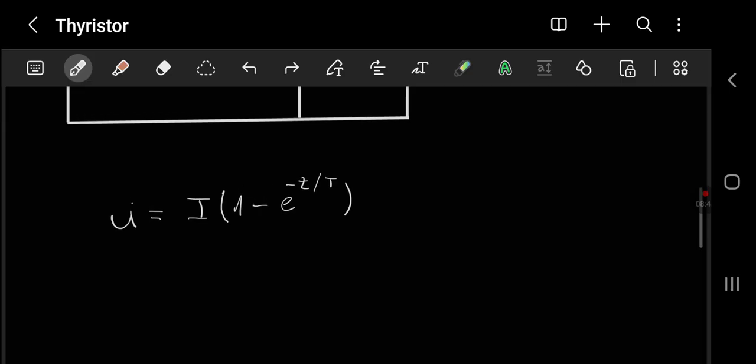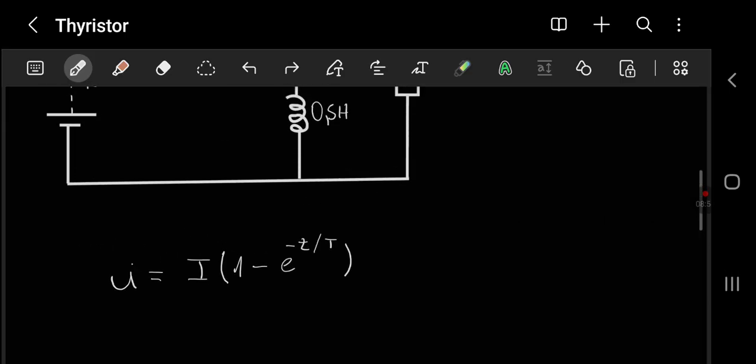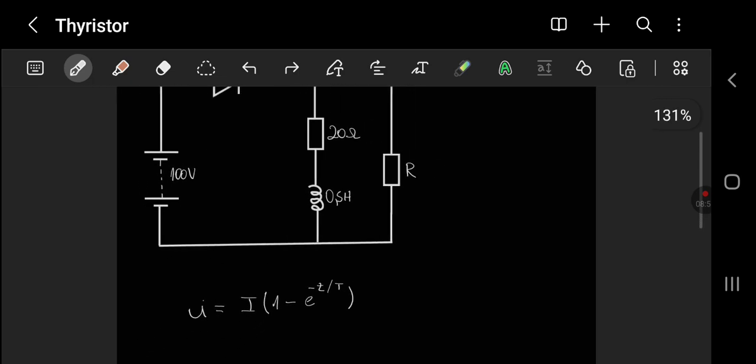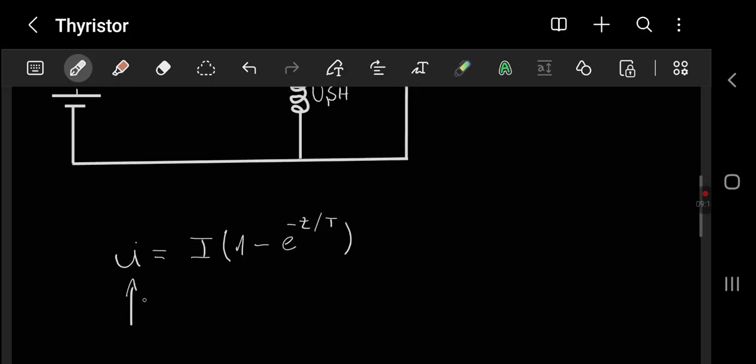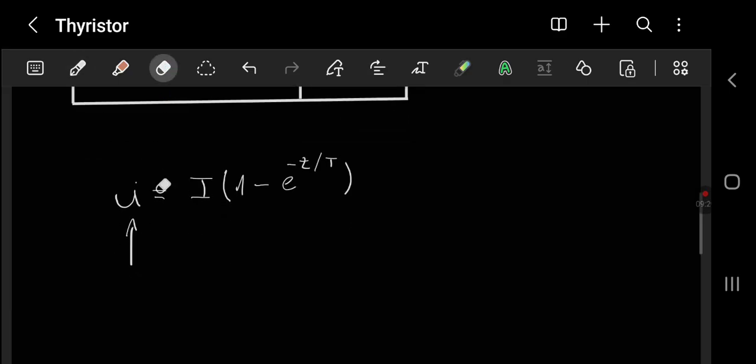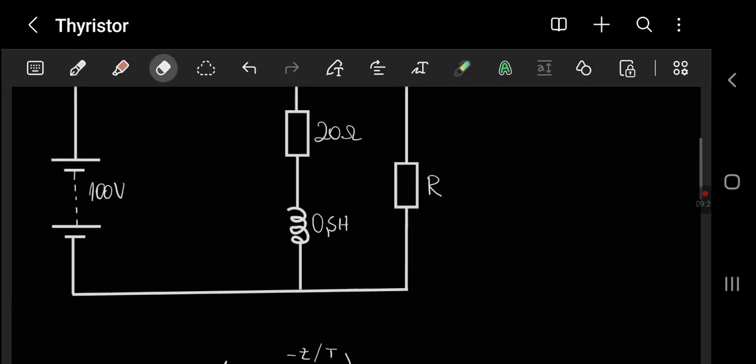But the exercise continues, and as I was saying, reading the solution of the book, without this resistance R the current I will increase exponentially, and that's it.